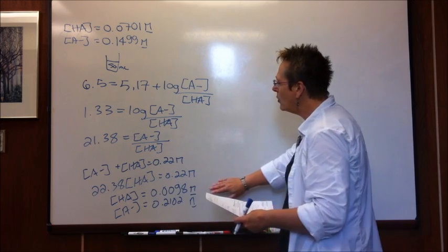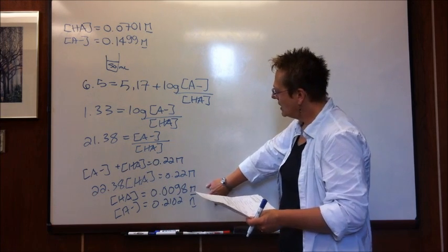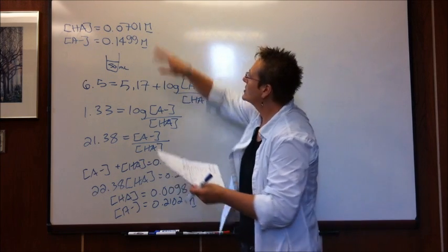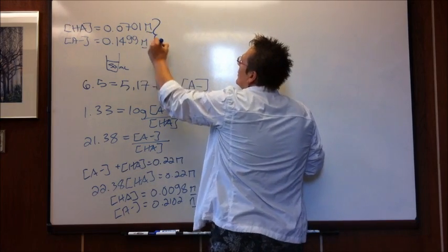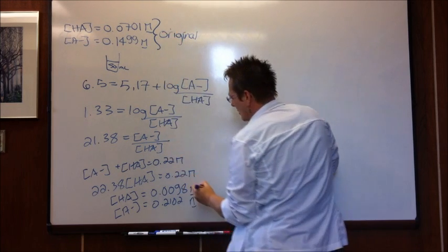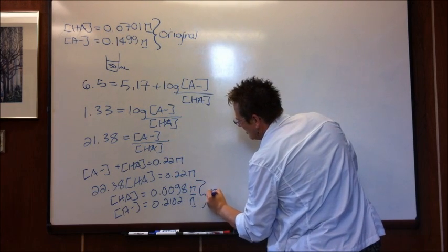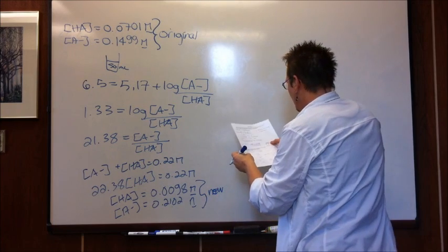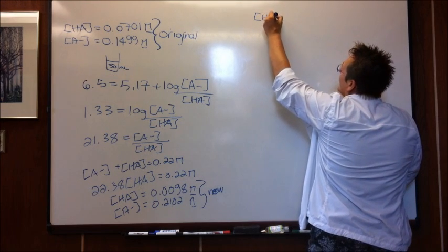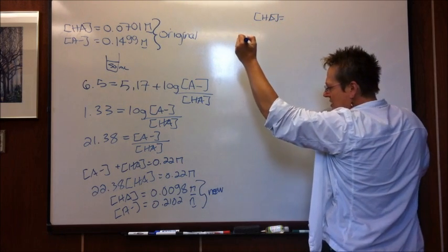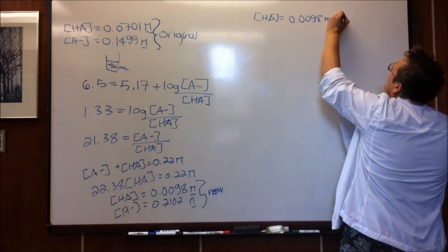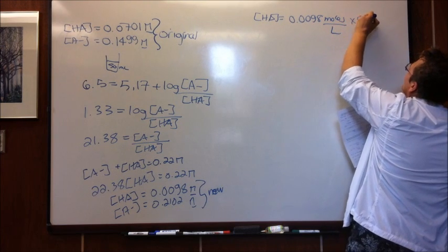Okay, now what we need to know is how many moles of each of these species we have in our 50 ml volume. These were our old concentrations, original, and these are our new concentrations. So, let's start with the new concentrations. We have concentration of HA of 0.0098 moles per liter, but we only have 0.05 liters.